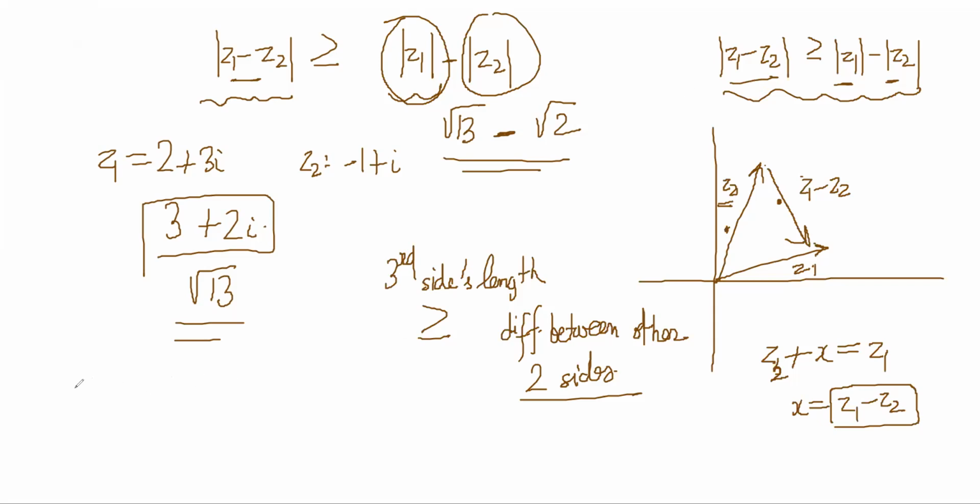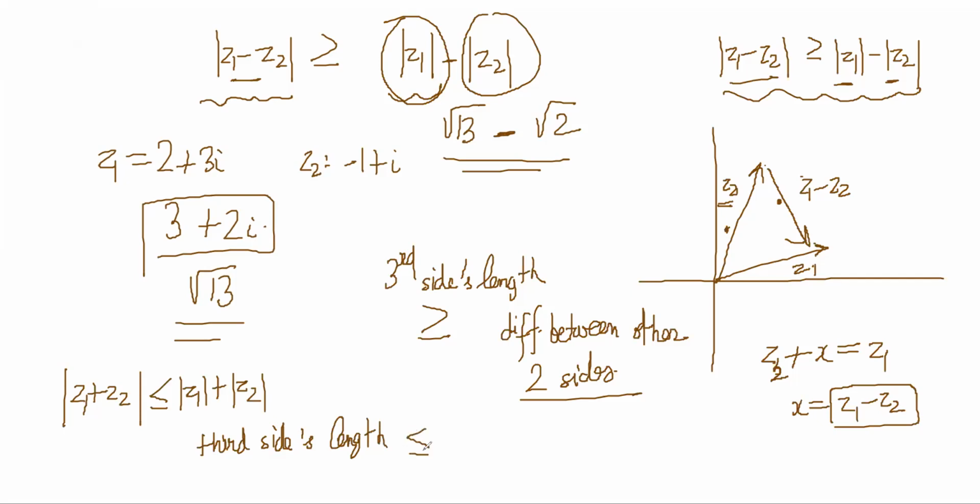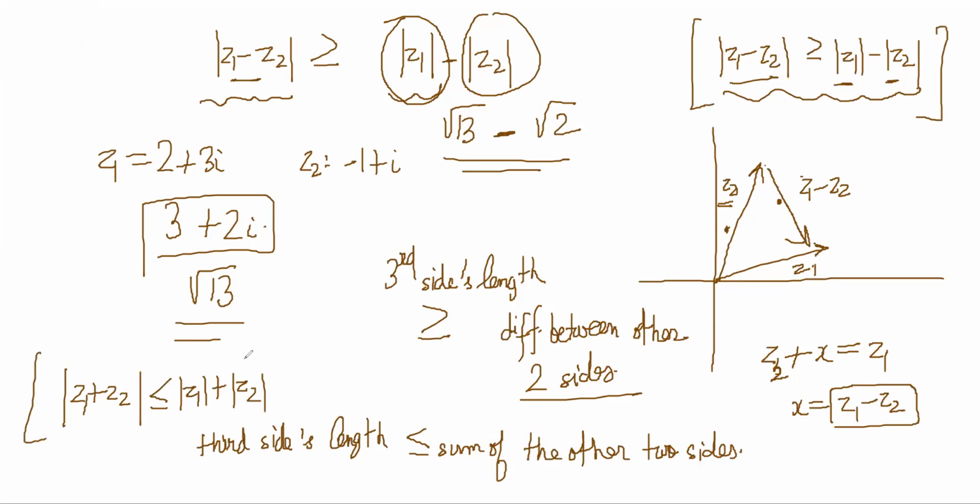The first triangle inequality was saying this value is less than or equal to mod z1 plus mod z2, so the third side's length must be less than the sum of the other two sides. That's why these are together called the triangle inequalities, these two, this one and this one. So this is the meaning of modulus.